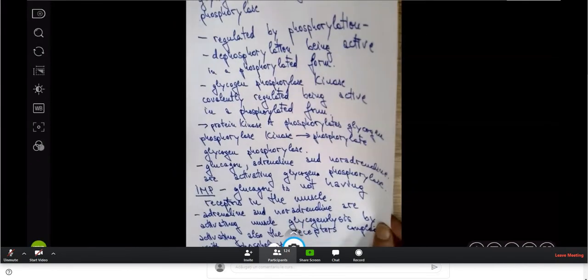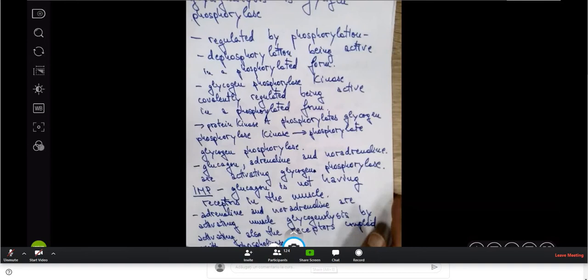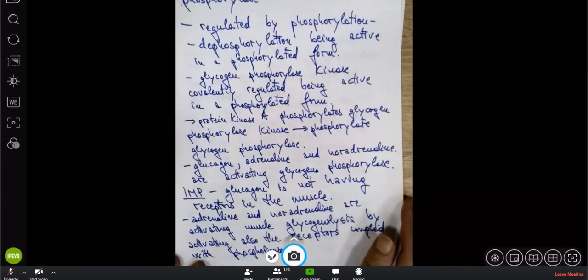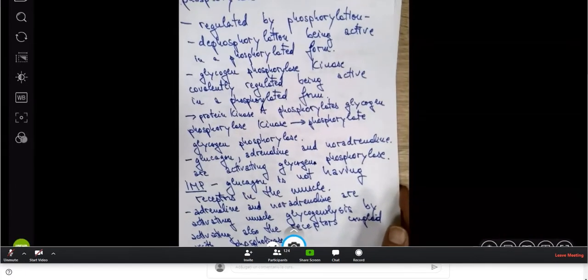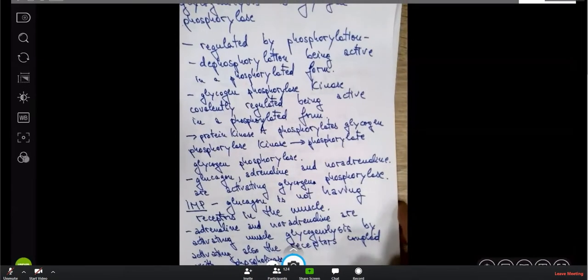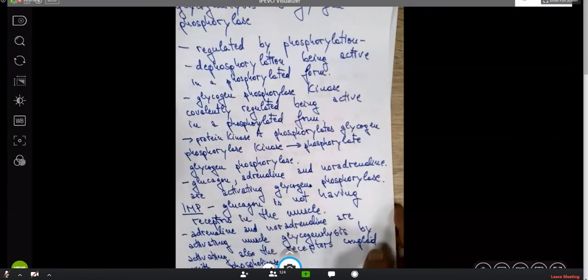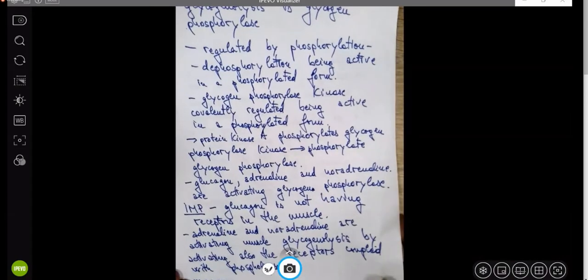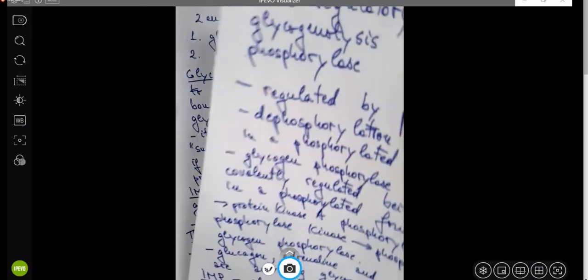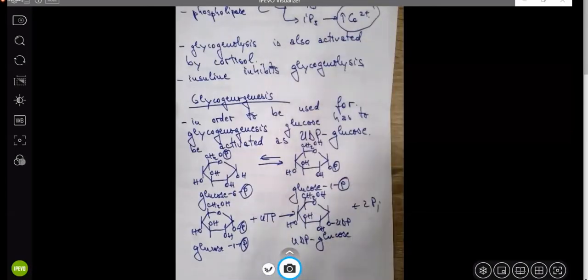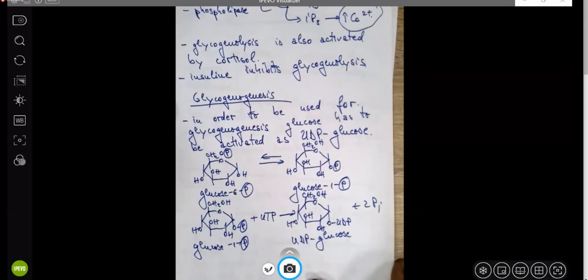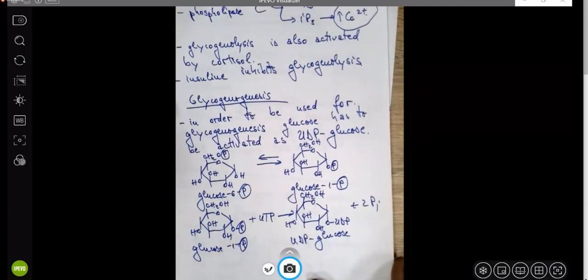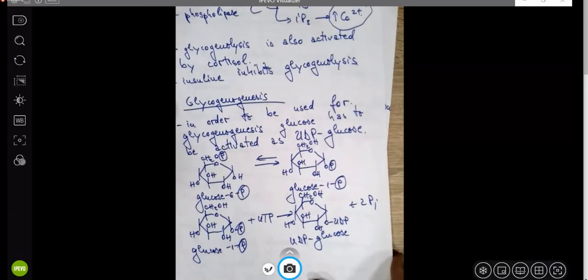So I have a glycogen phosphorylase kinase, also regulated and phosphorylated by protein kinase A. Adrenaline and noradrenaline stimulate glycogenolysis in the muscle, also by using receptors coupled with phospholipase C, giving DAG and IP3, increasing intracellular calcium.